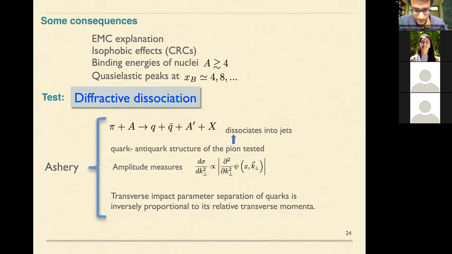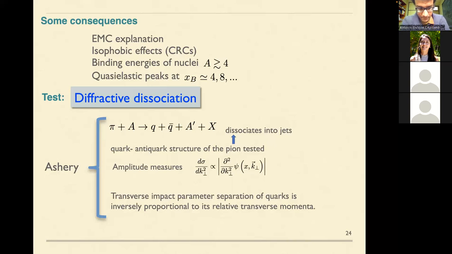A test of this type of idea can be done with what is called diffractive dissociation. What is that? This was done by Ashery some years ago. Unfortunately, he passed away.